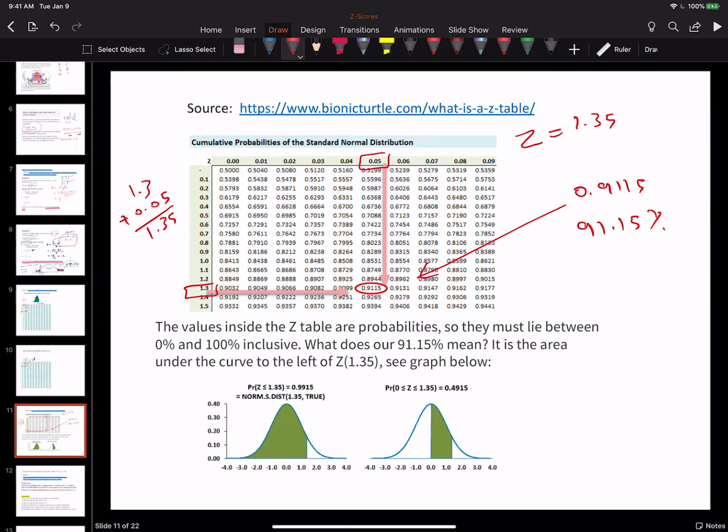Now, look at the graphs at the bottom side. This is 1.35 is 0.99.